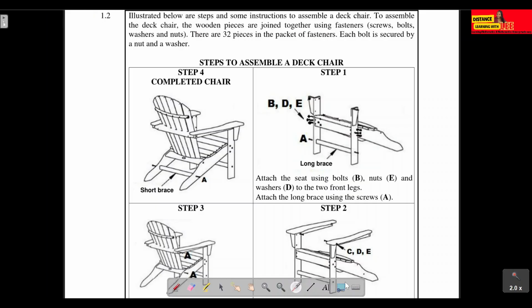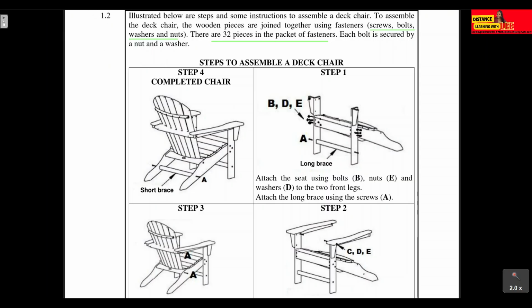It's very important to highlight these fasteners that we are told about here. The fasteners are the screws, the bolts, the washers, and the nuts. Then we are told that there are 32 pieces in the packet of fasteners. So if you add the screws, the bolts, the washers, and the nuts, in total there are 32 pieces in a packet.